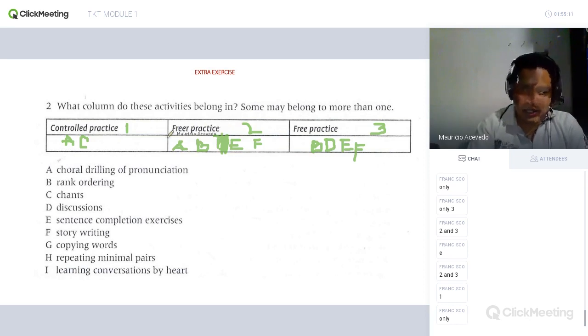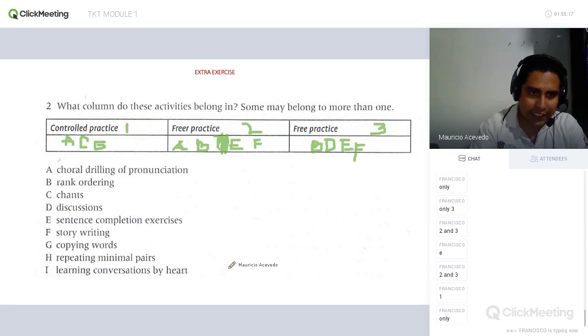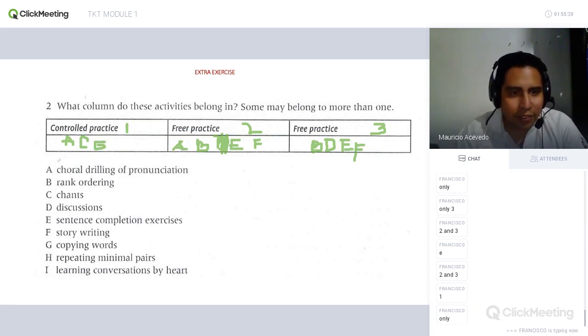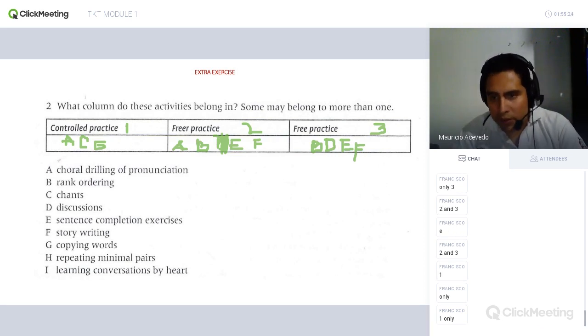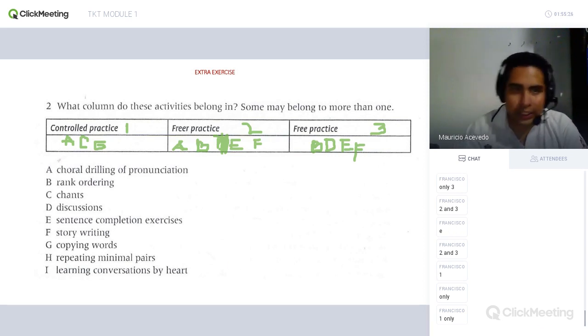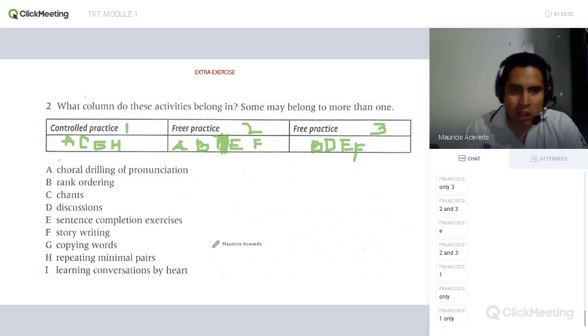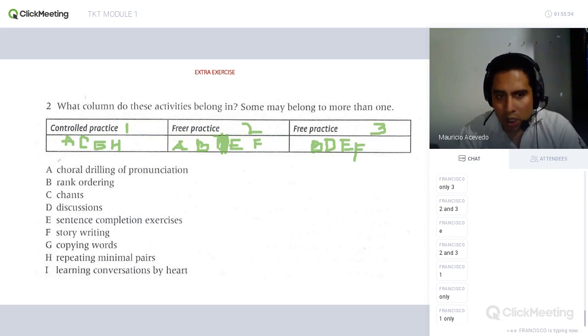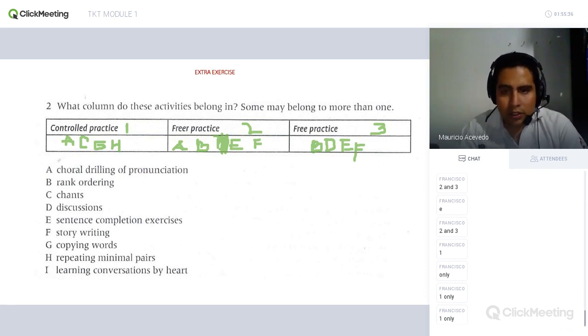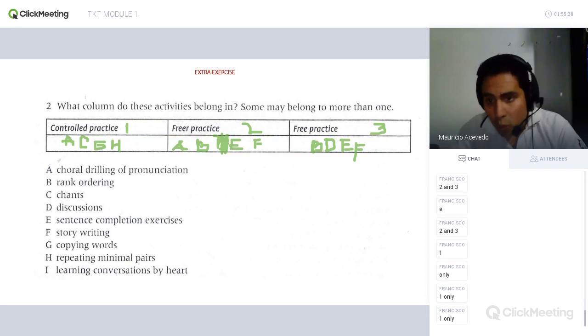One only. Oh my gosh. It's so difficult to write a G here. Repeating minimal pairs. One only, two. Okay. And finally, learning conversations by heart. Like you need to learn, one only.